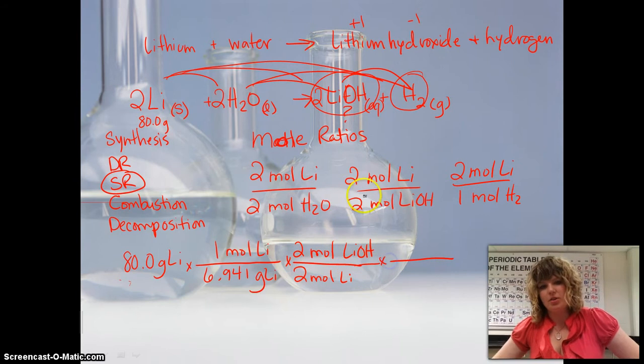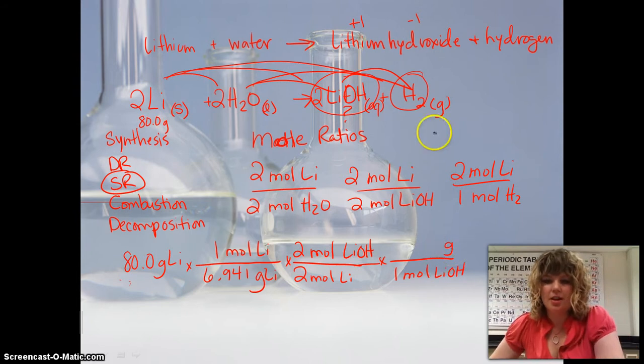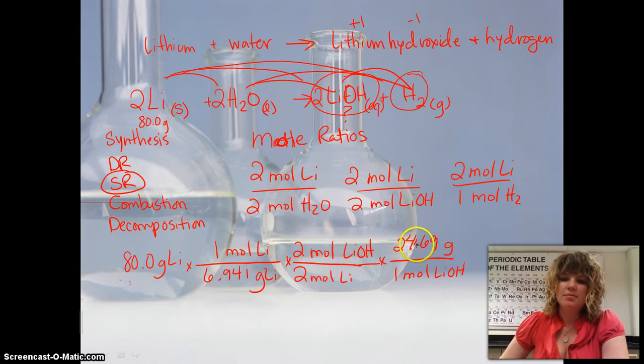Okay, and if we're going to go to grams of this, then we'd have to put 1 mole of lithium hydroxide, and we put the grams on top. So lithium is 7, oxygen 16, and hydrogen's another 1, so about 24.69, I think that is.